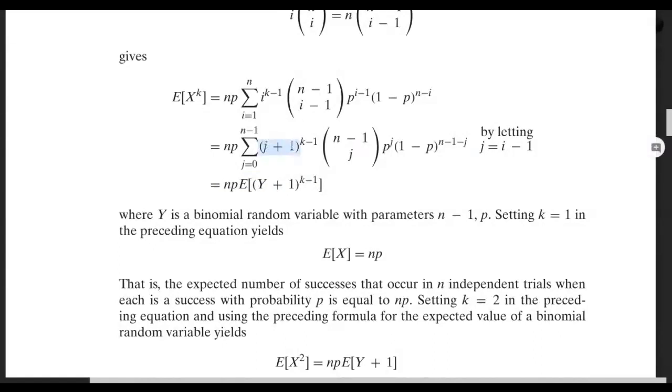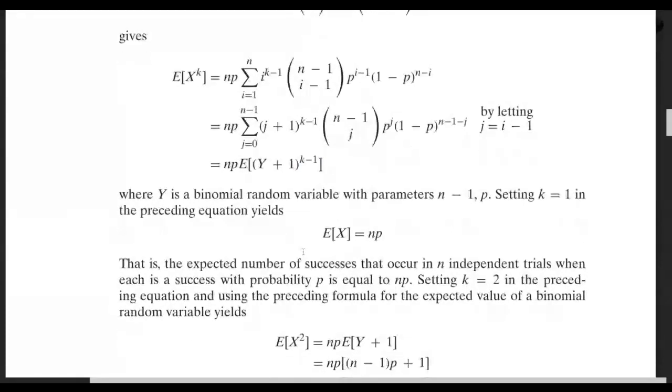Because this is something raised to k minus 1. So just use another random variable y to represent it, so that's the expected value of y plus 1 raised to k minus 1.